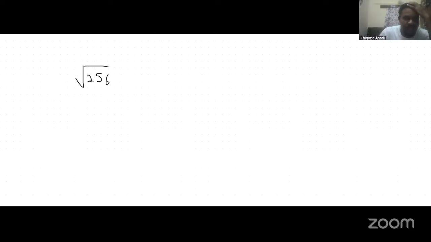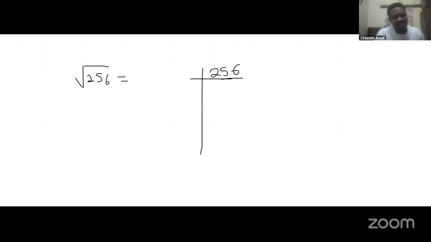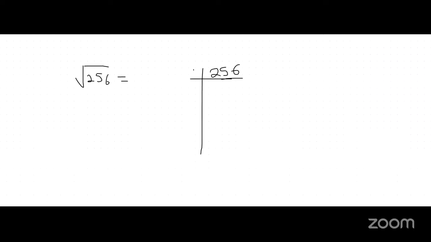So we draw a line as usual, 256. You start dividing using your prime numbers. What's the first prime number we have? 2. Now, can 2 go in 256? It's obvious, yes.